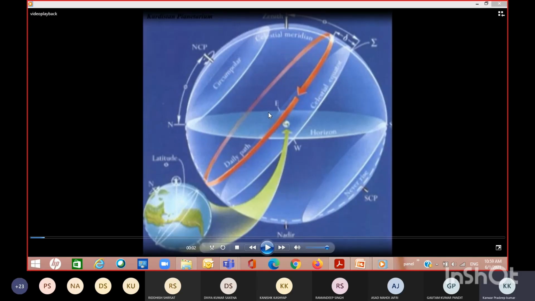Pay attention. If the body is rising here at this point, what is the declination, north or south? Sir, north. North, very good, because this is the east point. Here also it is north because it is above the equinoctial.